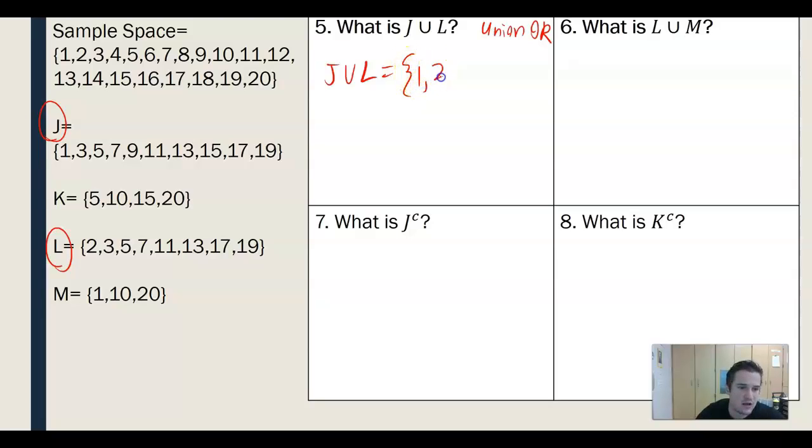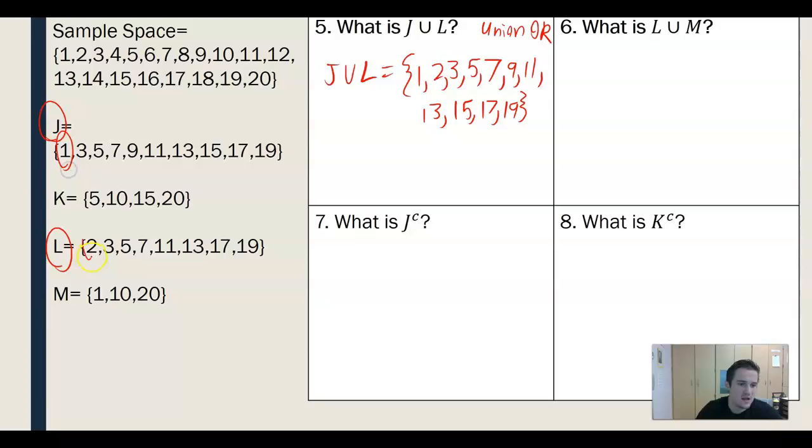I have a 1, a 2, a 3, a 5, a 7, a 9, an 11, a 13, a 15, a 17, and a 19. So let me explain why I wrote all those numbers down.